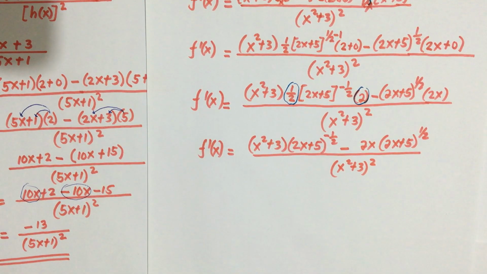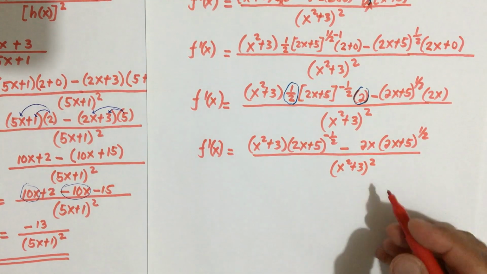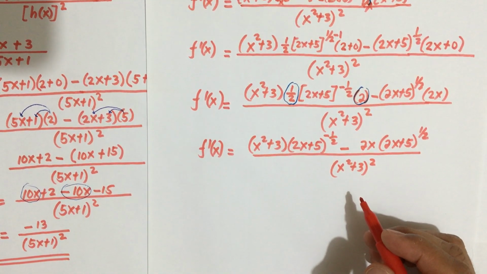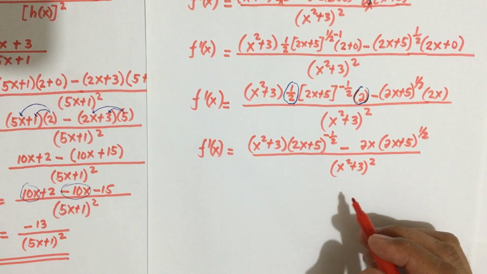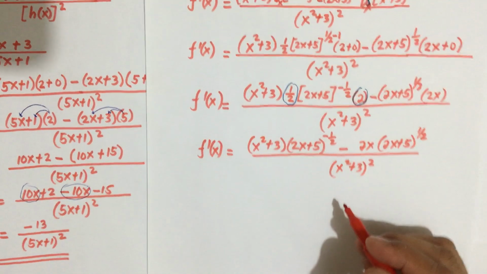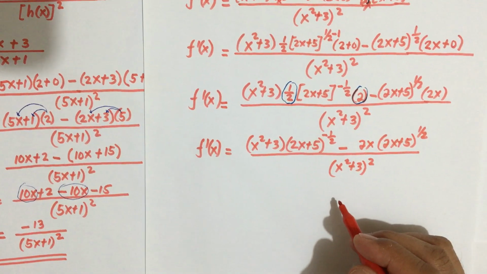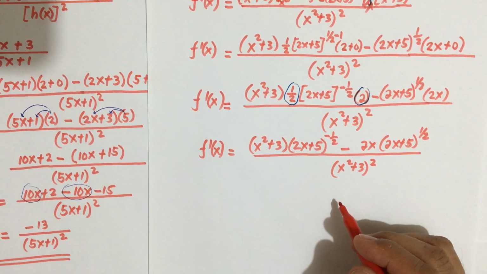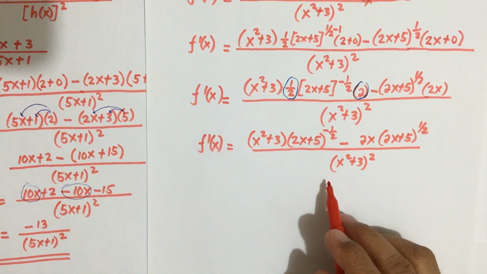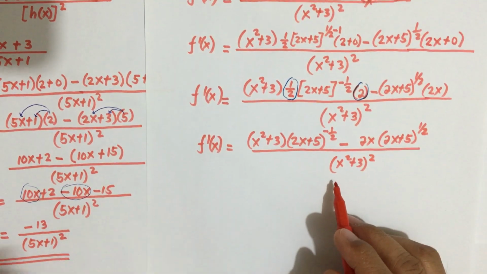Okay, so you may simplify this one, or you may stop up to this part. But the good thing, if you are going to simplify this, you will be able to see the simplified form of this expression.